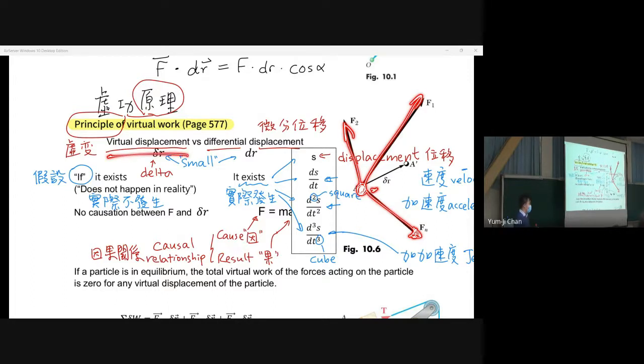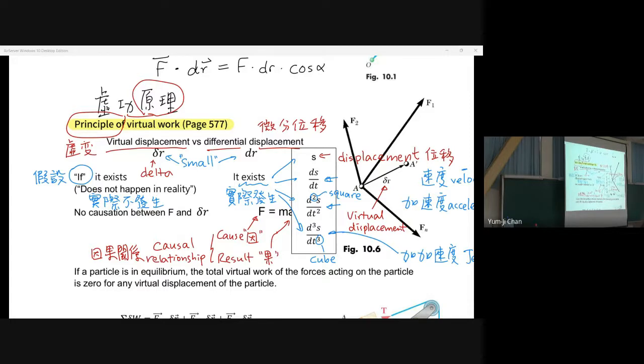It does not occur in reality, but if it exists, okay? That's from A to A prime, delta R. This is virtual displacement. So we have these three forces and we have one virtual displacement.